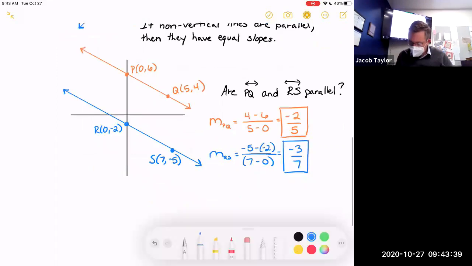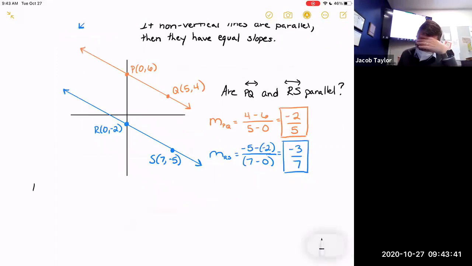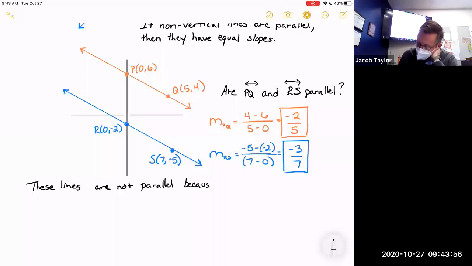No. I eyeballed it and I knew these lines are not parallel. Why not? Because the slopes are not equal. Because they are non-vertical lines.